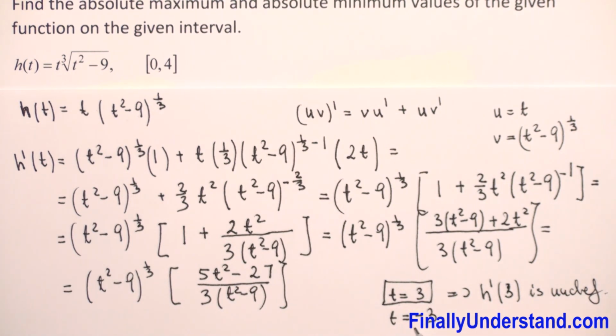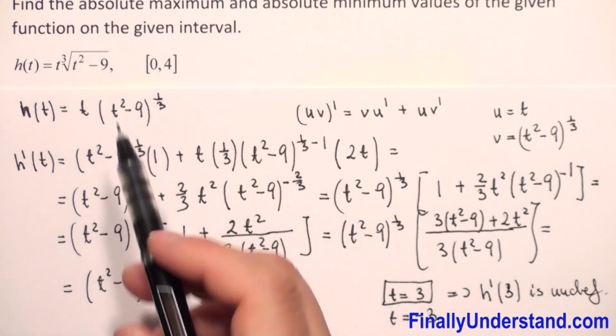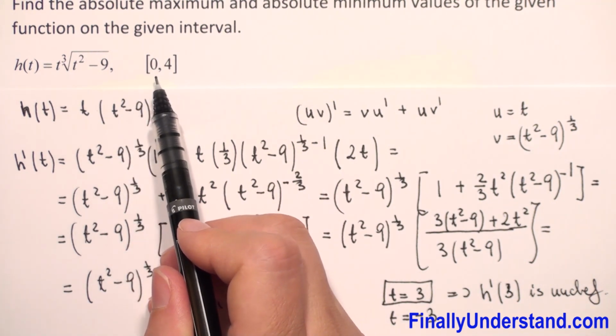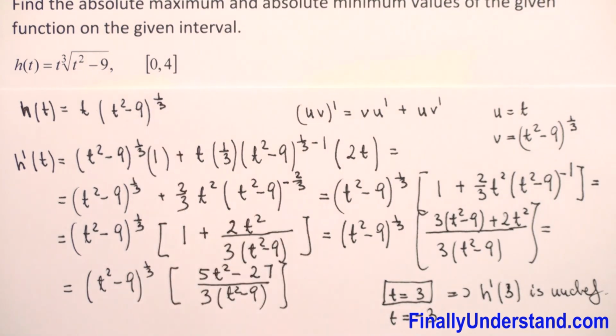Why didn't I take negative 3? Because negative 3 doesn't belong to the domain of our function.